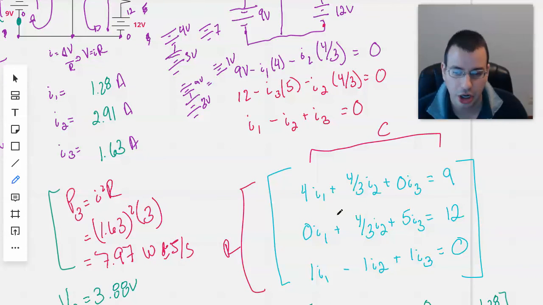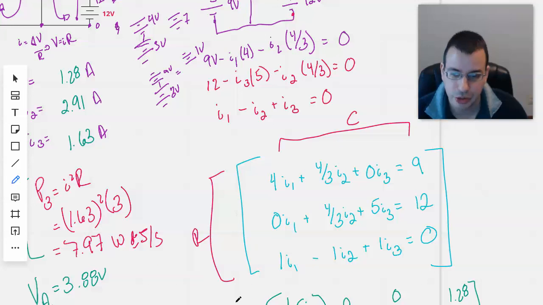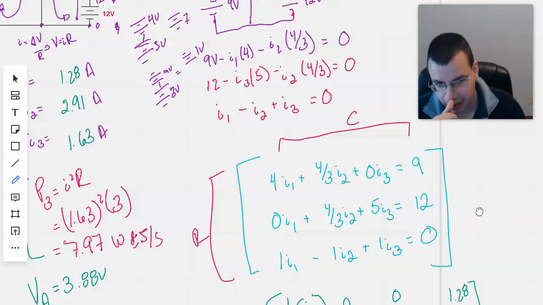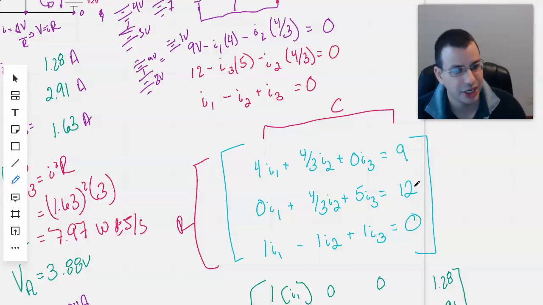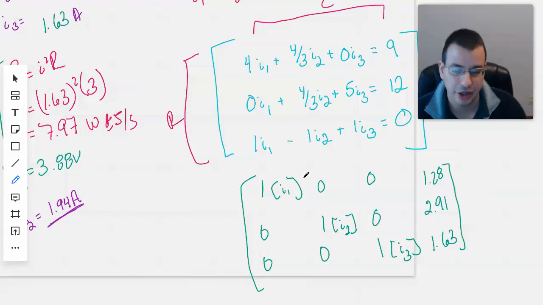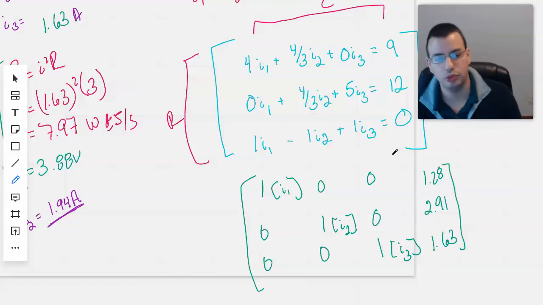We used our calculator to create a matrix that was rows by columns, where there was one more column than there was rows. Put the voltages on one side, equals, and then use the calculator to solve for RREF, reduced row echelon form.